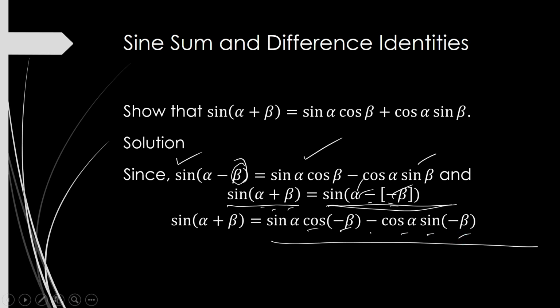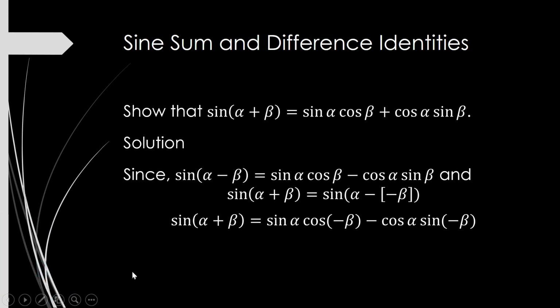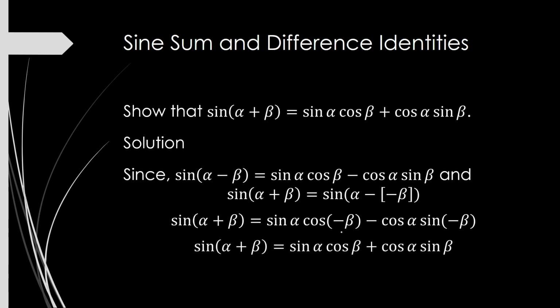And so this is where the even and odd identities will come in. I spoke about this earlier. These identities, the even and odd identities, don't seem like the big identities that are going to help you with your proving. And it turns out they are in fact very useful. Because cosine of negative beta is just cosine of beta, and sine of negative beta is negative sine of beta.